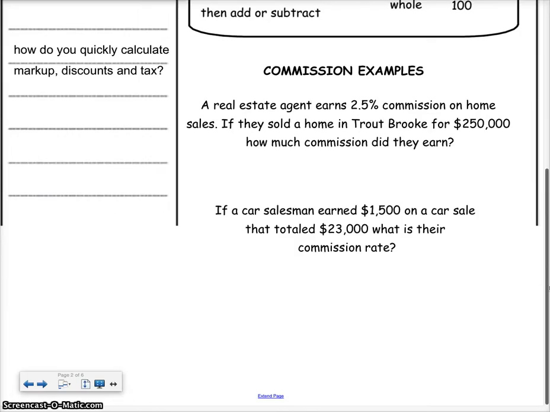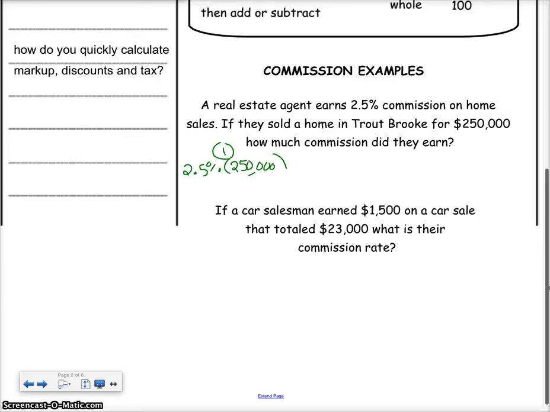So this first example is dealing with commission. Let's say a real estate agent earns 2.5% commission on home sales. If they sold a home in Troutbrook for $250,000, how much commission did they earn? Method number one, you do percent times amount. So 2.5% times 250,000.